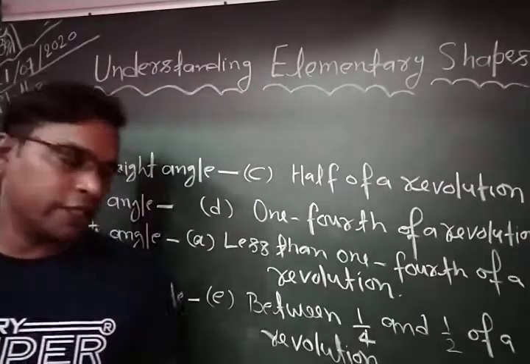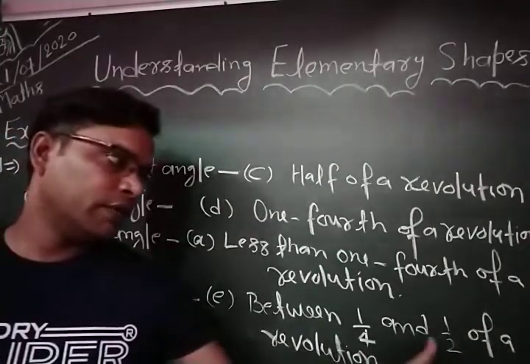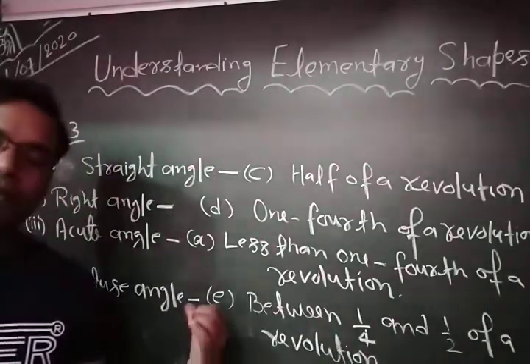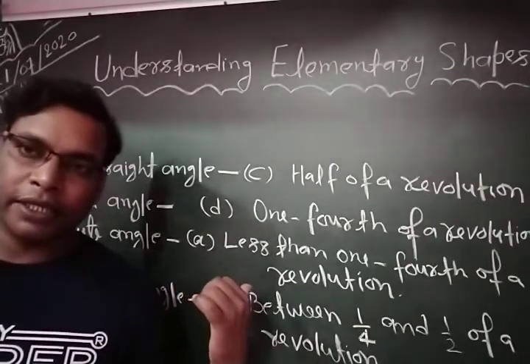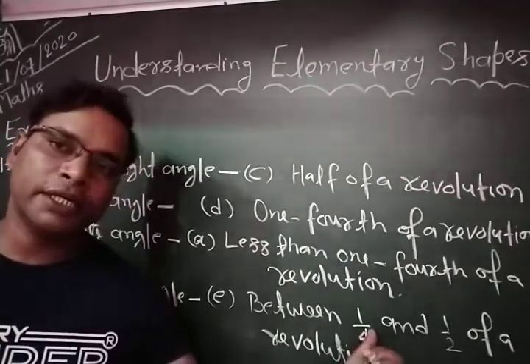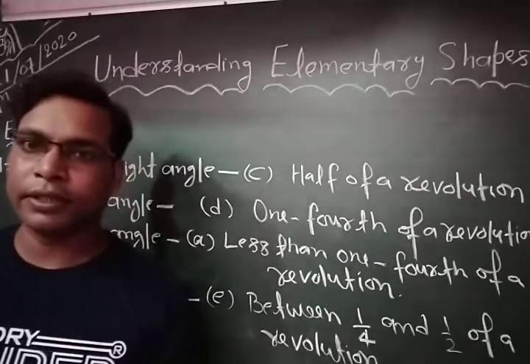This is also called a straight angle. So an obtuse angle is between 1/4 and 1/2 of a revolution. But you know the definition of an obtuse angle lies between 90 degree and 180 degree.